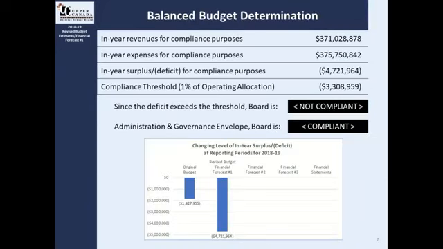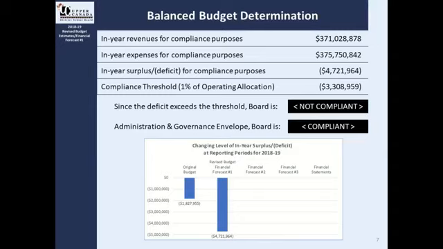For compliance purposes, the board is projecting an operational deficit of $4.7 million. The compliance threshold for the board is a deficit of $3.3 million, which represents 1% of the operating allocation. Since the deficit exceeds the threshold deficit allowed by the ministry, the board is deemed to not be compliant.